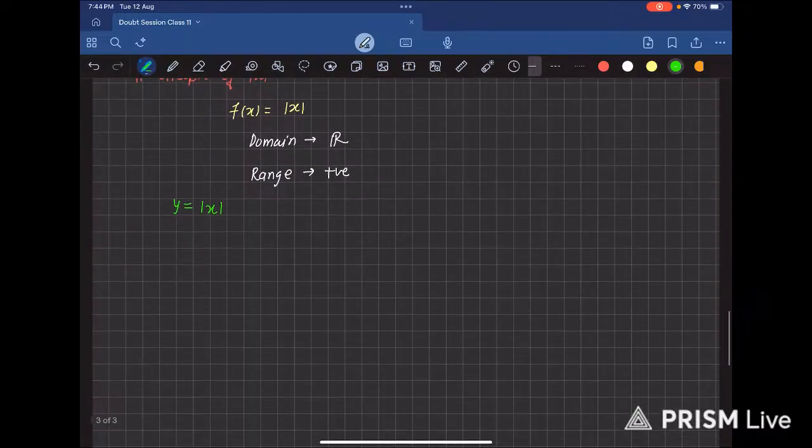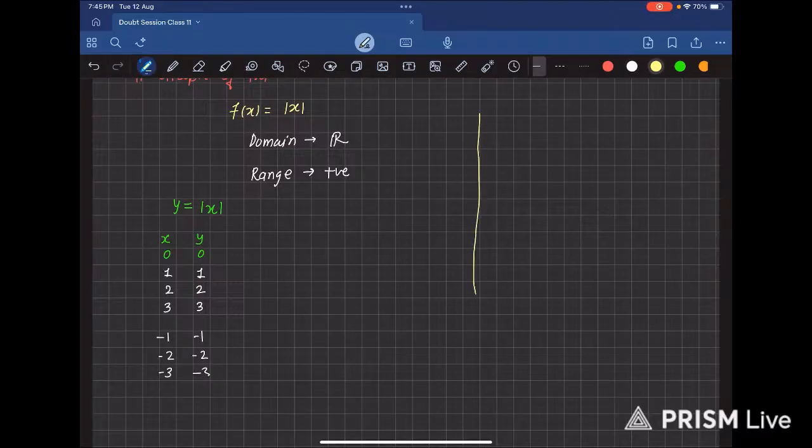Okay, so if x is equal to 0, then y is equal to 0. If x is equal to 1, then the answer is 1. For 2, the answer is 2. For x is equal to 3, y is also 3. If I take some negative values like minus 1, then y will be 1. Minus 2, then the answer will be 2. Minus 3, then 3.